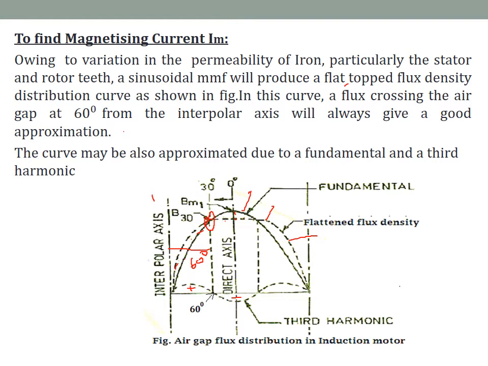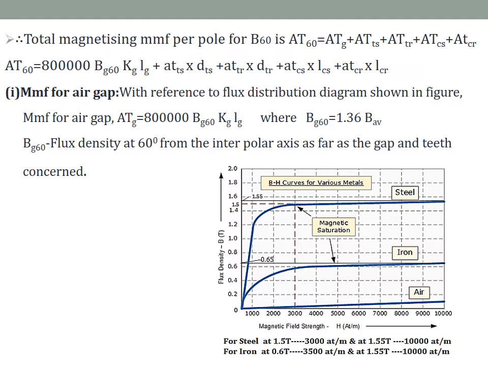Okay, so now we are supposed to find out the ampere turns corresponding to 60 degrees from the interpolar axis. So the total magnetizing MMF per pole for B60, AT60, is equal to ATg plus ATts plus ATtr plus ATcs plus ATcr.